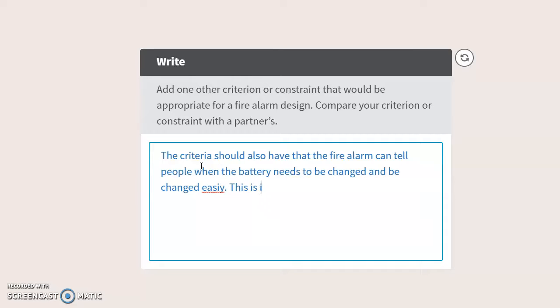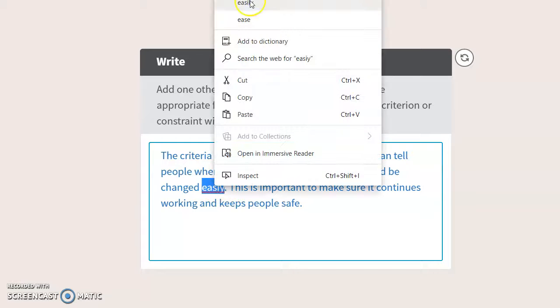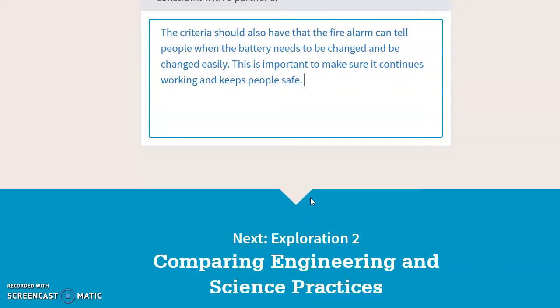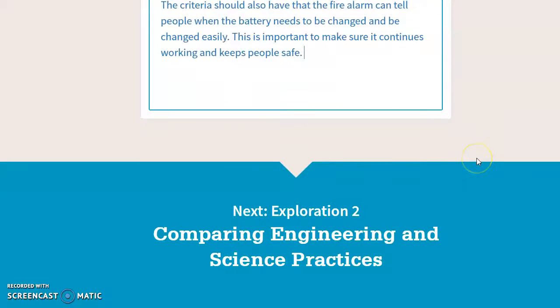This is important to make sure it continues working and keeps people safe. Right? It doesn't say about exchanging the batteries, but it's really important that you can exchange them safely, because that's the only way that people are going to be able to use this. Otherwise, they won't use it, and the battery will run out. And then if there's a fire, that's a problem because it will not alert you.